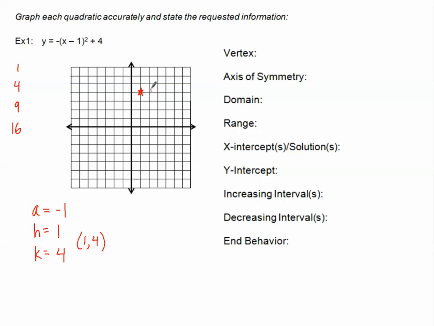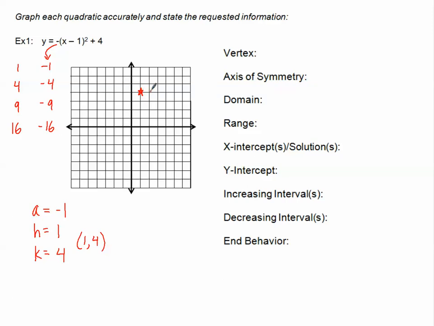And when we go 2 on either side of the star, we output 4. When we go 3 in each direction, we would output 9, which is 3 squared, and 4, we'd go 16. But because the A is negative 1, we're going to be multiplying each of these outputs by a negative 1. So now our outputs are actually negative 1, negative 4, negative 9, and negative 16.